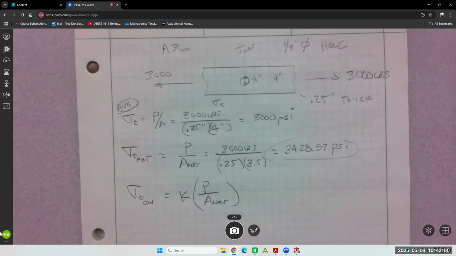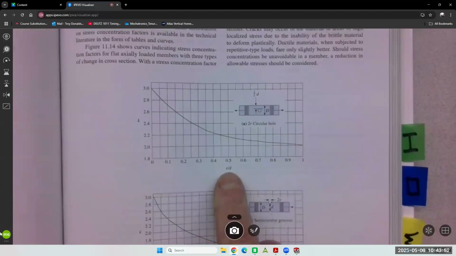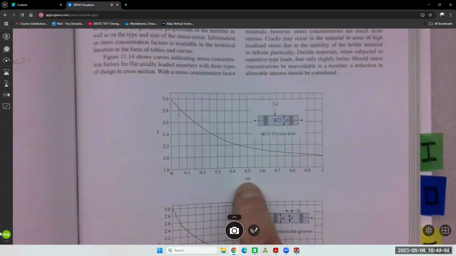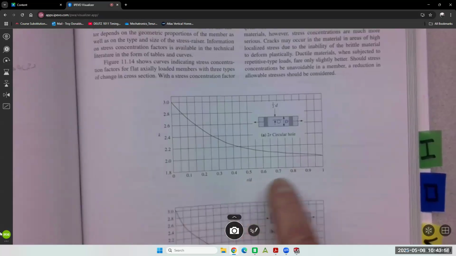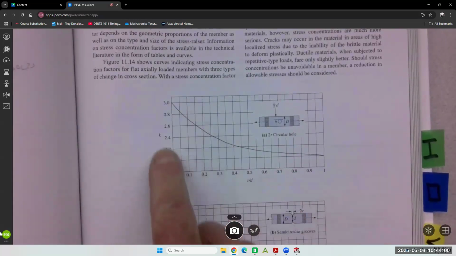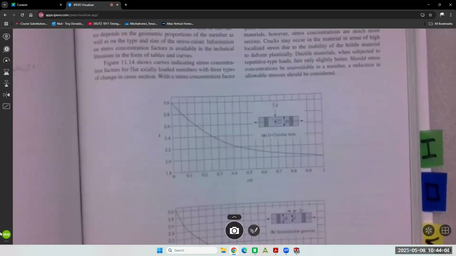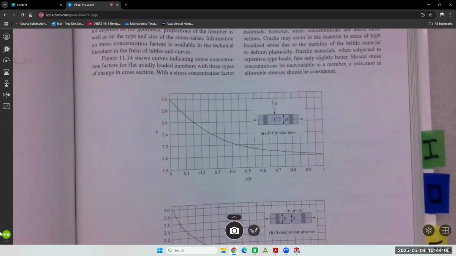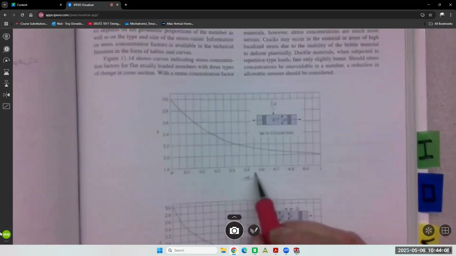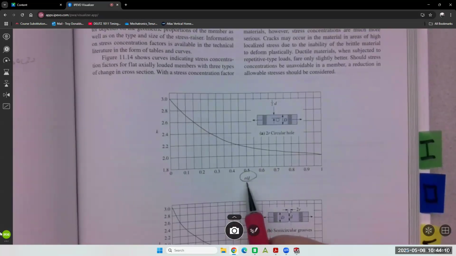So the K thing is a graph, and it's basically the R to D ratio, down here, and then you read the K factor off the graph. So we don't make the graph, we use the graph to read the K factor. So we have to be able to calculate this R to D. R stands for radius.